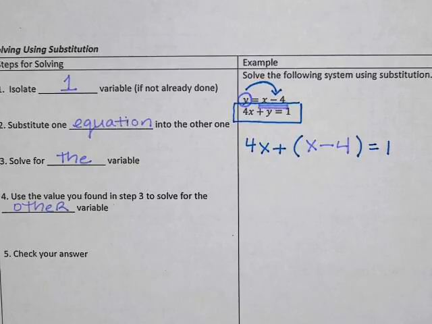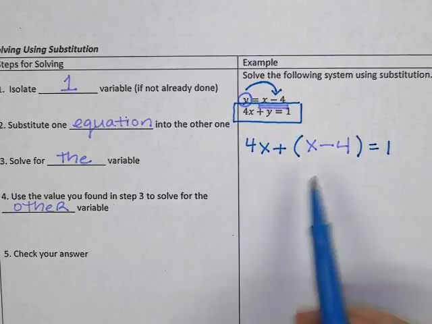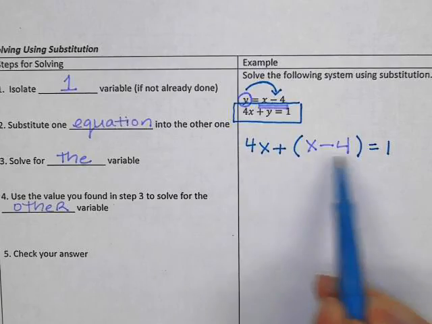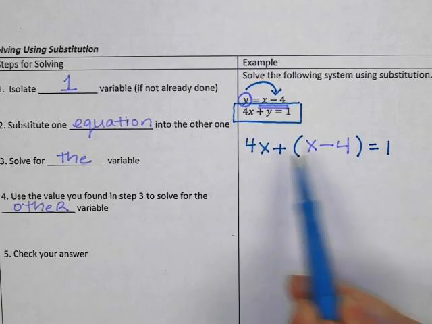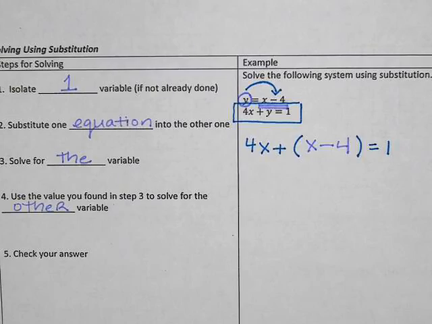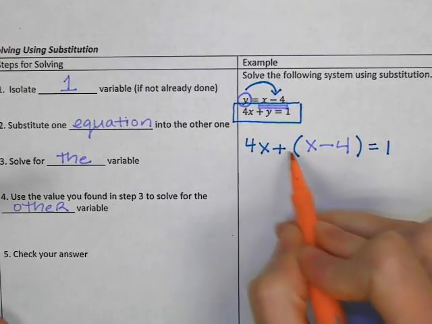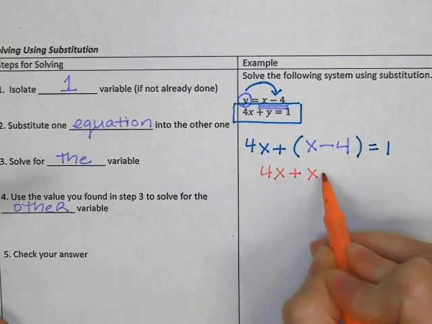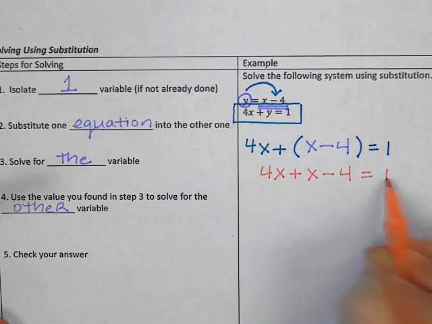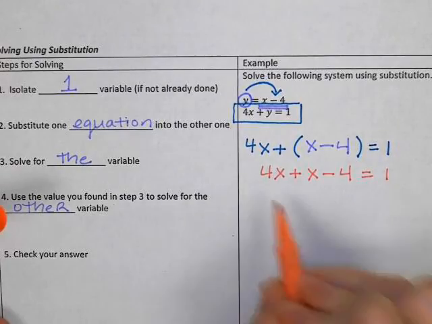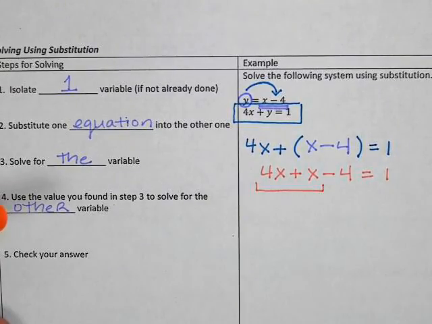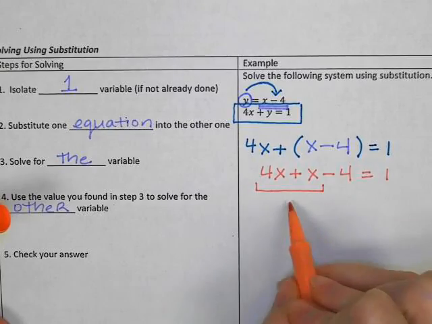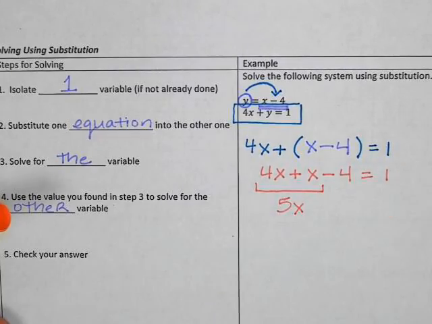Okay, and then we're going to solve. Notice that we only have x's in our new equation, so we're going to solve for x. Okay, so when you're solving, you would distribute, but there's nothing here. So we can kind of pretend the parentheses aren't there because there's nothing to distribute. And then we can jump straight into adding like terms. 4x plus 1x is 5x.